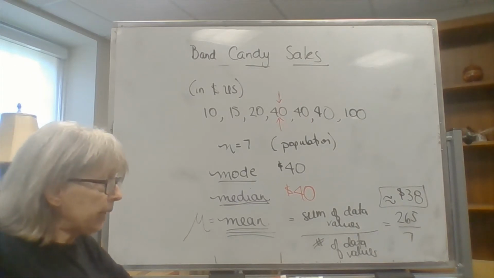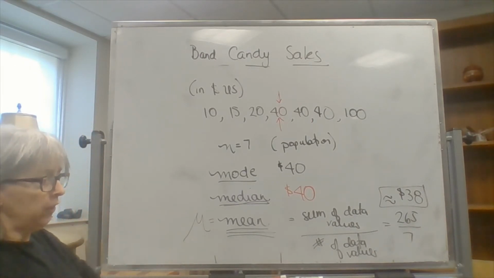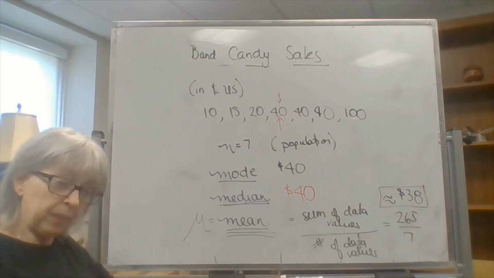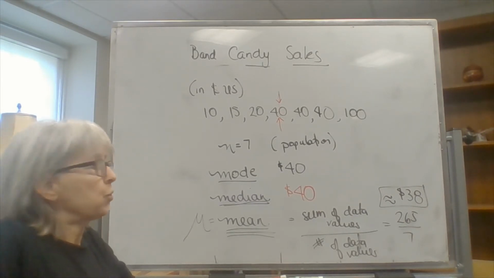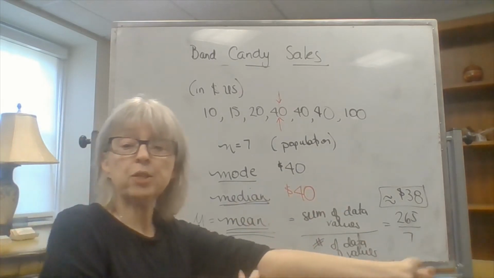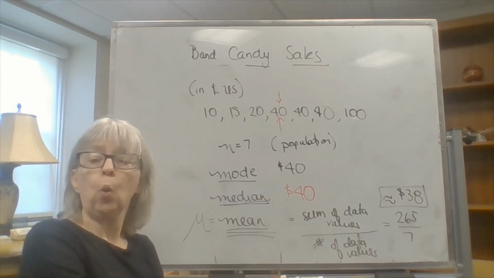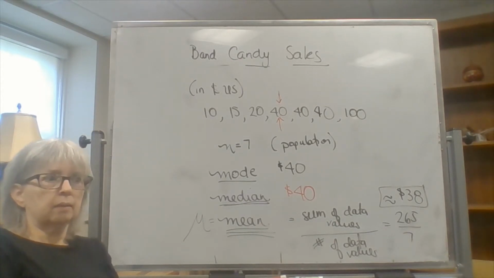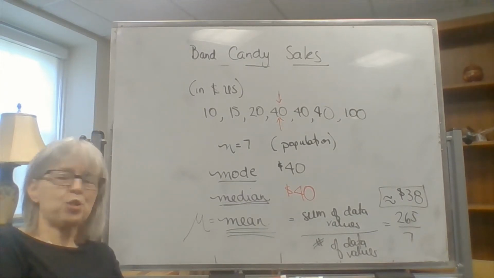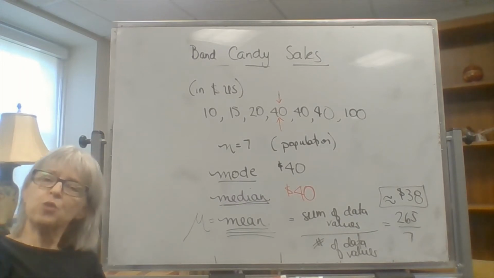And the mean, which is the sum of all the data values divided by how many data values I have, is about $38. So you're the band director.